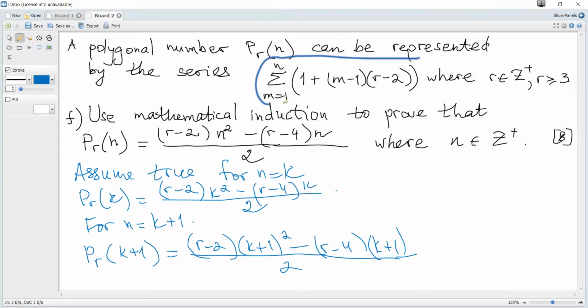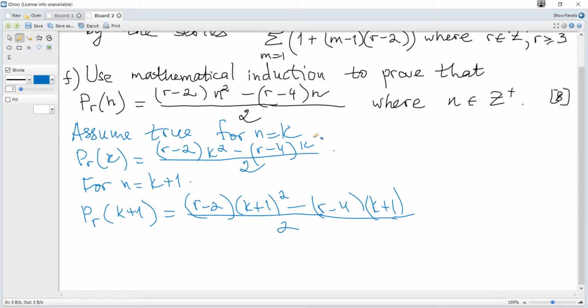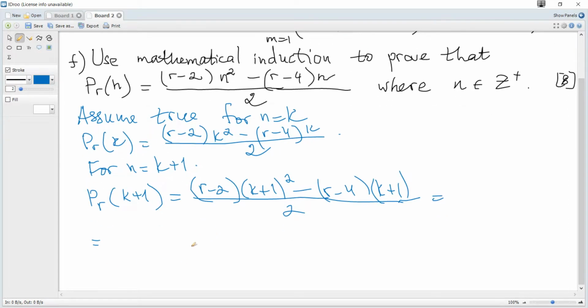It's the same as the sum from 1 to k plus 1 of this. And how to do that? Definitely, as usual, we should use this result. It will be needed. So we can open parentheses with k plus 1 and get the next.